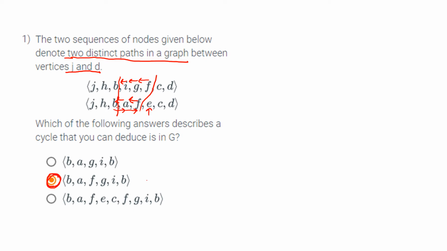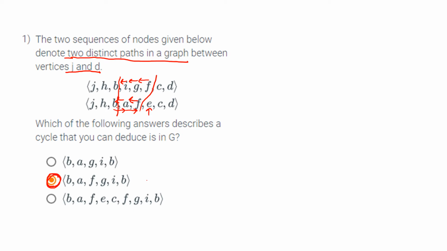Now we might want to go on and look at this last one here, BAFECFGIB. So I'm going to start down in this second one again, BAF, and then we could go on to E and then go on to C. Then since C is in both of these paths, I could jump to the first path and go back, FGIB.